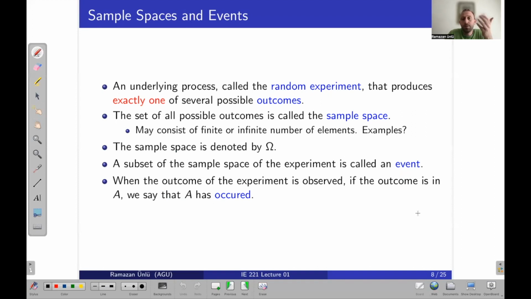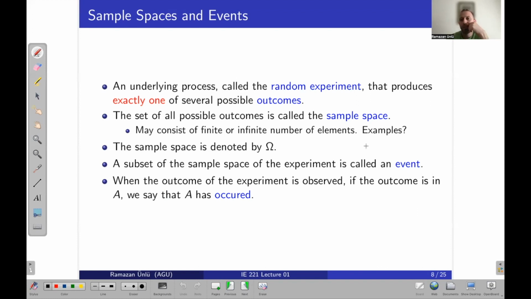But in our example, that consists of only two outcomes. But in some other problems, it may consist of a finite or infinite number of elements. Let's say the examples, like even digits, which we saw before.